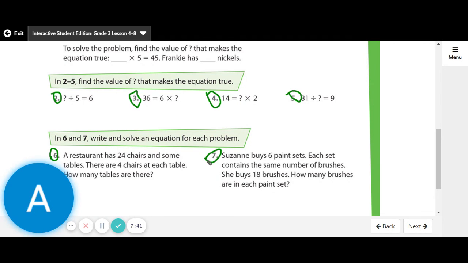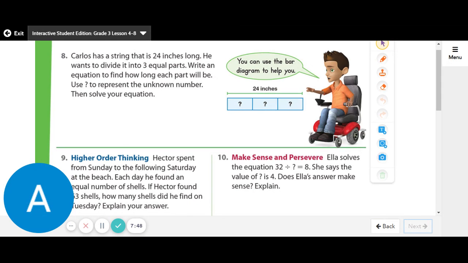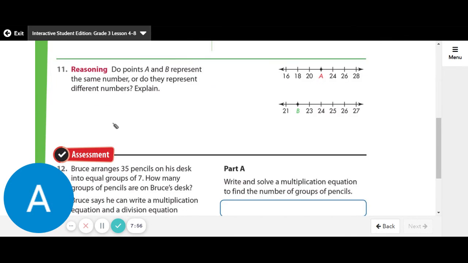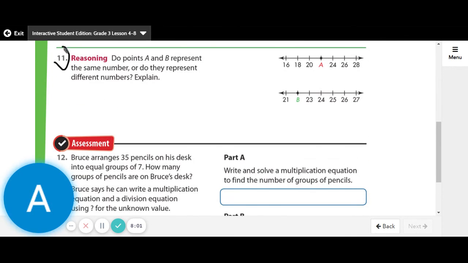So all on this side. Then on our next page, I want you to try 8, 11, and 12. And please send me a picture.